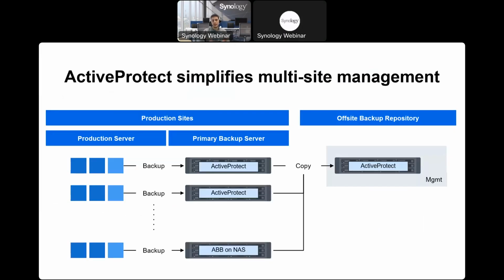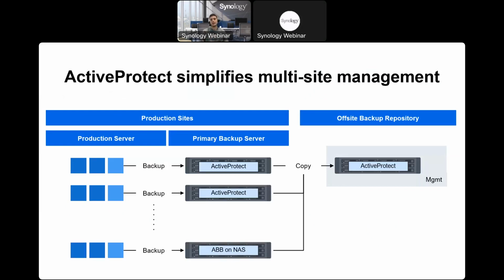With Active Protect, multiple backup servers can be added to the cluster and achieve centralized management using a single appliance from offsite. As you can see from the illustration, we have an APA in an offsite location serving as a manager.